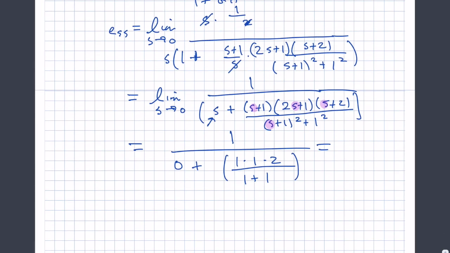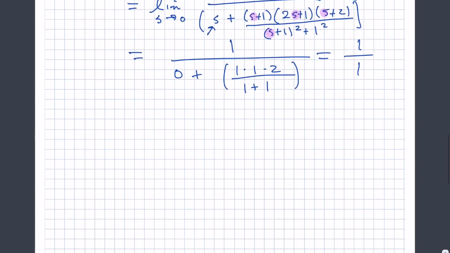Okay, so doing the math on that, 2 over 2 is 1, and so the steady state error would be 1 in this case. So you might wonder what that even means.